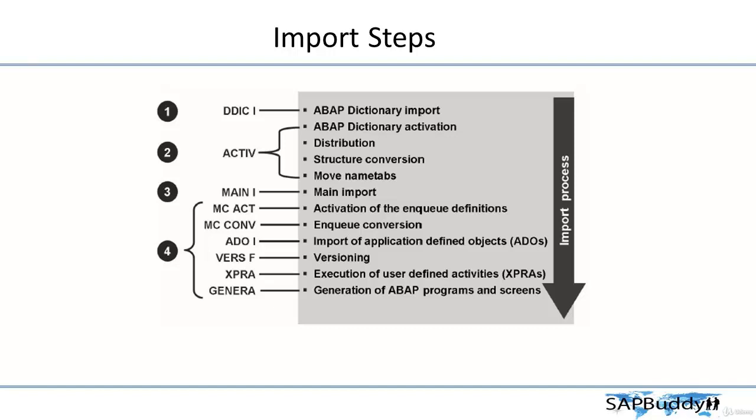Then the next step is active. In the active step, we have ABAP dictionary activation. In the ABAP dictionary activation, it will start the downtime of the particular dictionary. The dictionary will be deactivated and it will start activation.